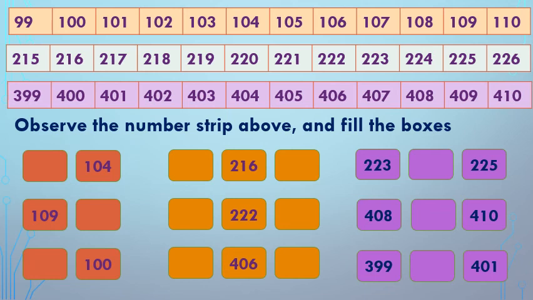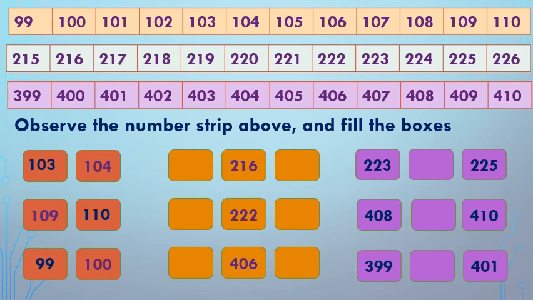Means you have to choose the left side number, that is 103. See the strip above. And if the right side box is empty, we have to choose the right side number, that is nothing but 110. Now again the left side number, that is 99.